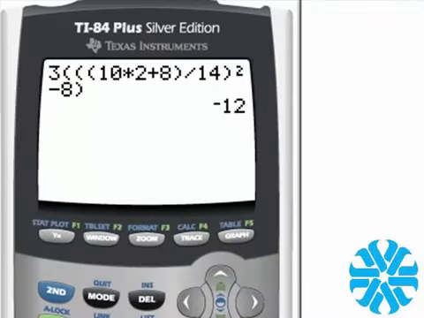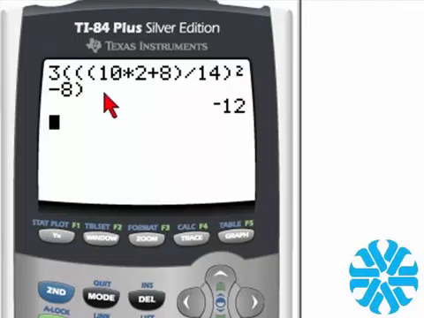So let's see if we could follow what the calculator did here. It first took 10 times 2, which is 20, added that answer to 8, so 20 plus 8 is 28. Then it took that answer divided by 14, so 28 divided by 14 is 2. Then it squared it, so 2 squared is 4.